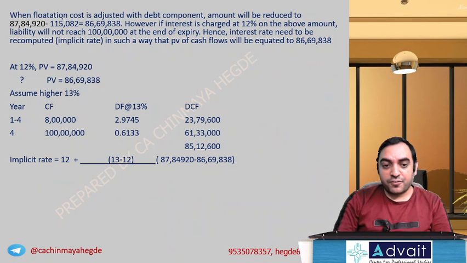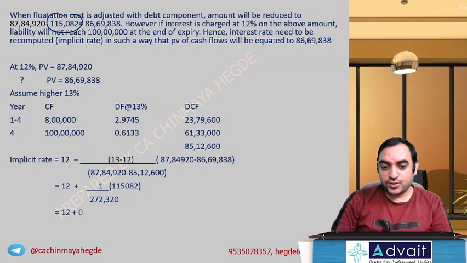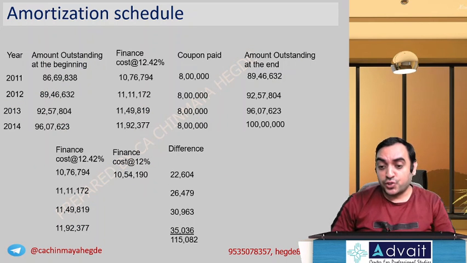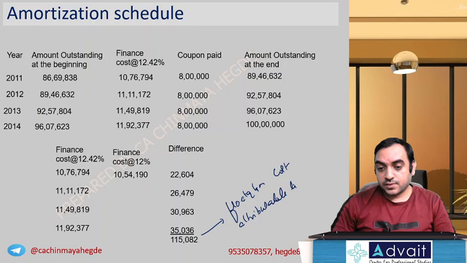Exactly. 1,15,082, right? Same amounts. Was the exact same amount. So 1,15,082 you can mention is the flotation cost attributable to debt.